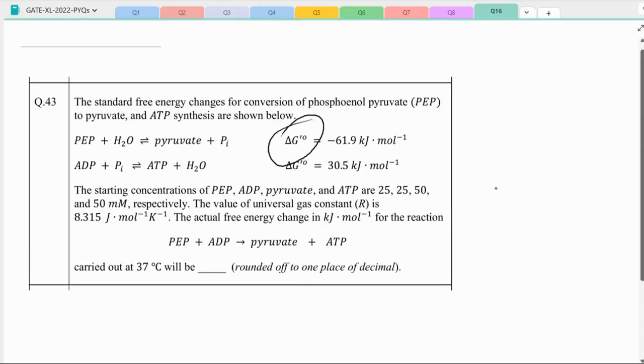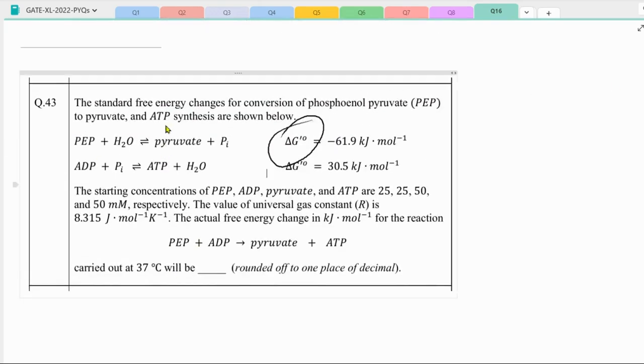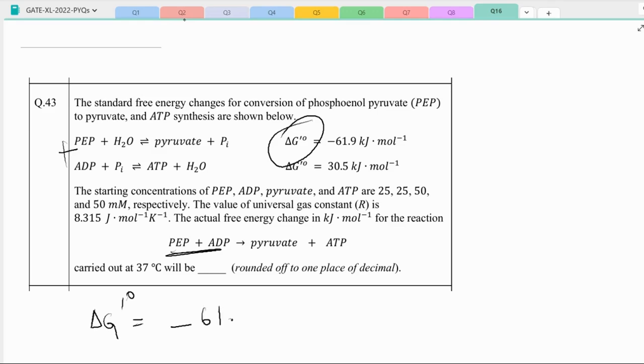If you add up these two reactions, you get this. When you add up two reactions, the standard free energy change also gets added up. So that will become minus 61.9 plus 30.5, which is minus 31.4.